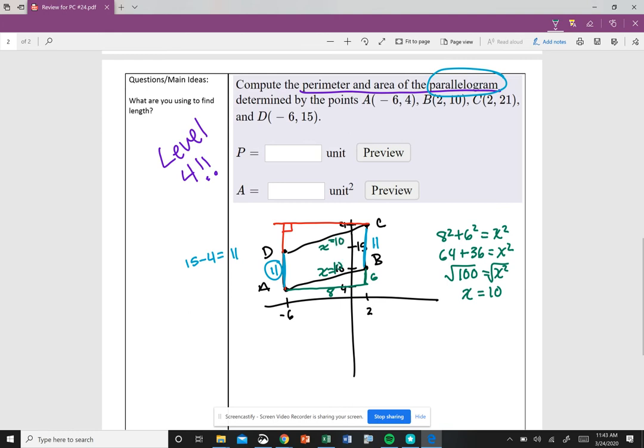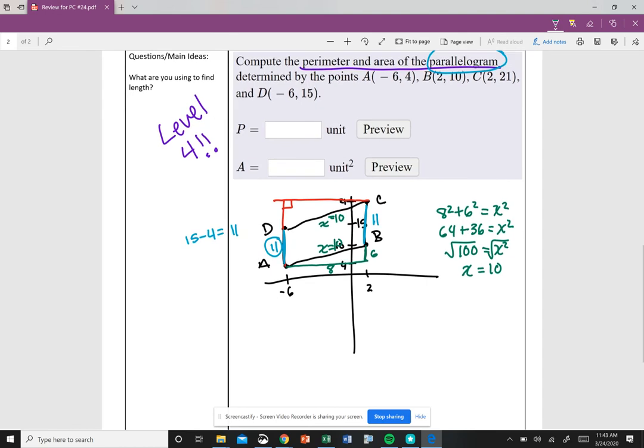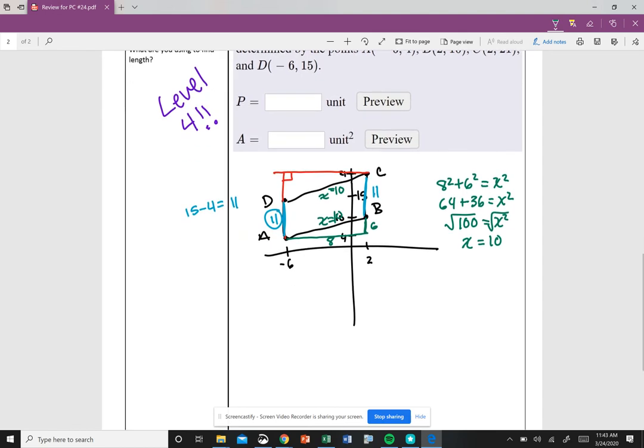That's super nice. All right, so if those are both 10 long, then we can go ahead and find the perimeter. Perimeter is just adding all those side lengths together. Remember that? So this is 11 plus 11 plus 10 plus 10, which is 42. So I would put 42 in there. All right, so that's perimeter. Now, area is base times height.